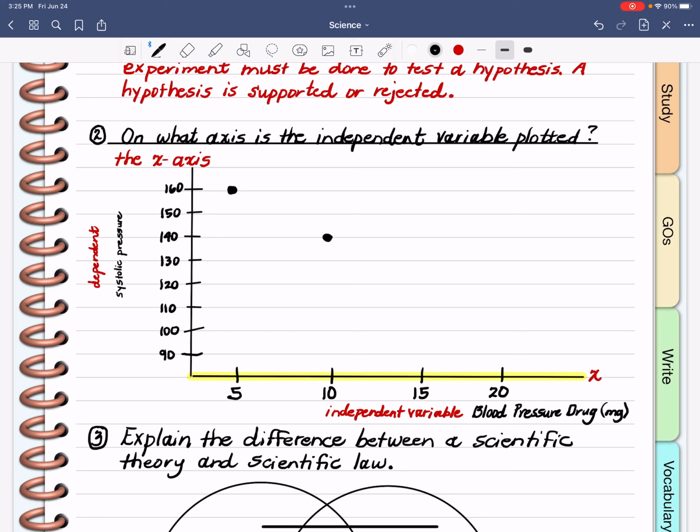So at 15 milligrams of medicine, maybe he drops to 120. That pressure's coming on down. And then finally, when he gets to 20 milligrams, the pressure is 100, which is tending a little bit toward low. So we wouldn't want to go much further than that.